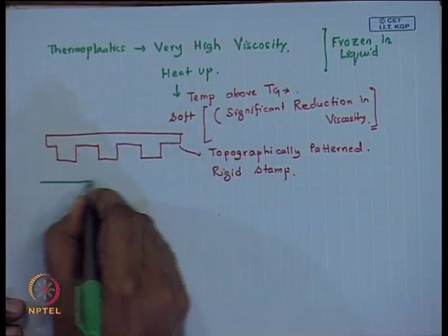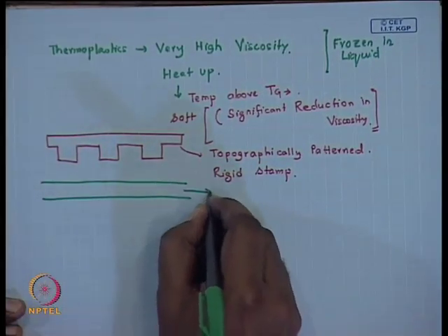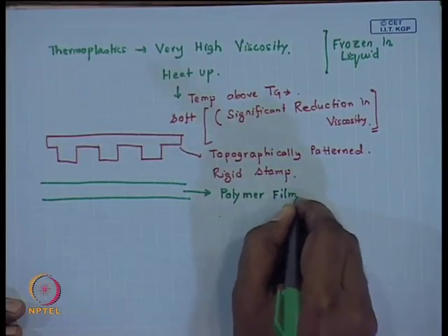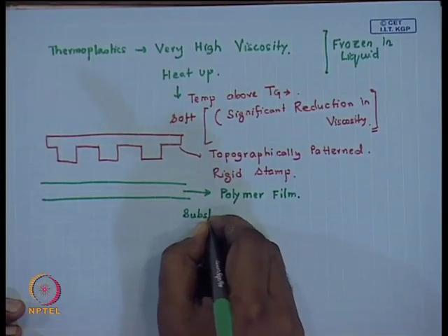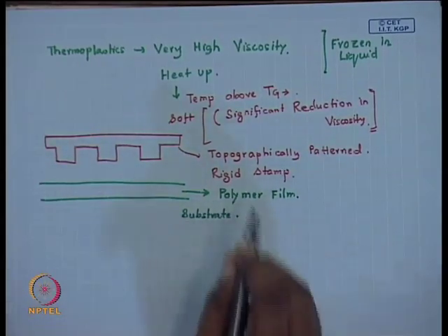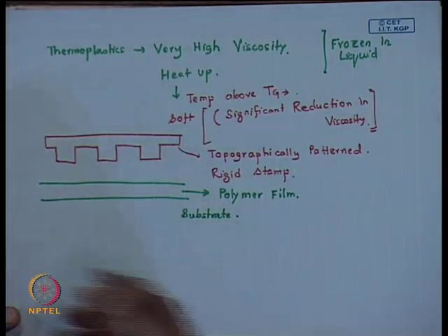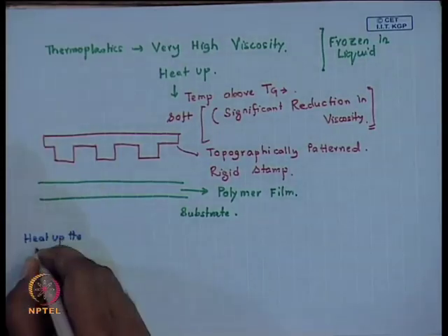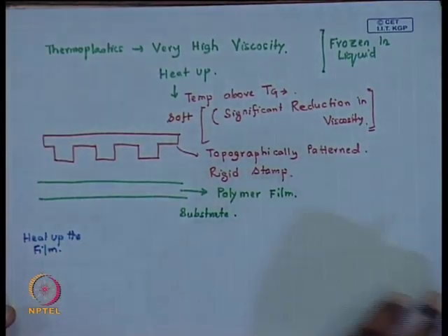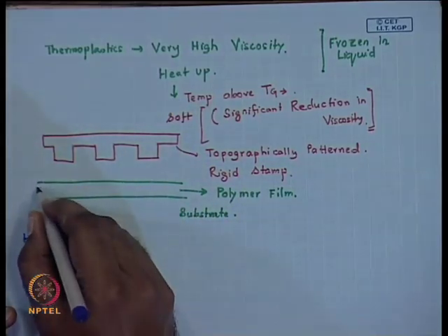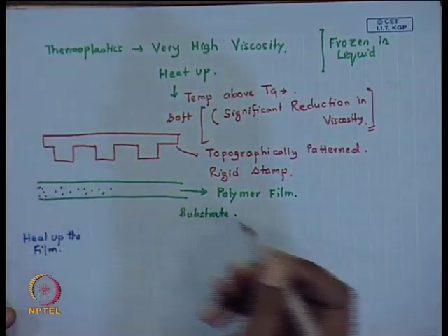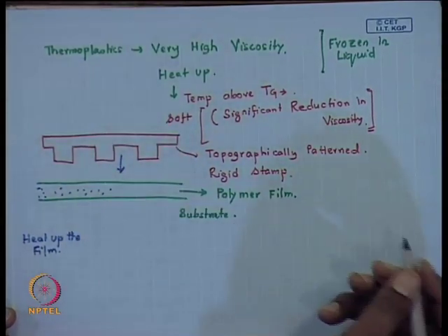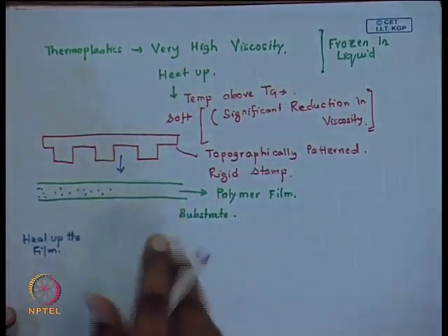You take a polymer film on a substrate. So, at room temperature this film is more like a solid. All you do is heat up the film. Okay. So, once it is heated up, this goes to a molten liquid state. Once it is in the liquid state, you bring in this stamp and press it hard against the film.